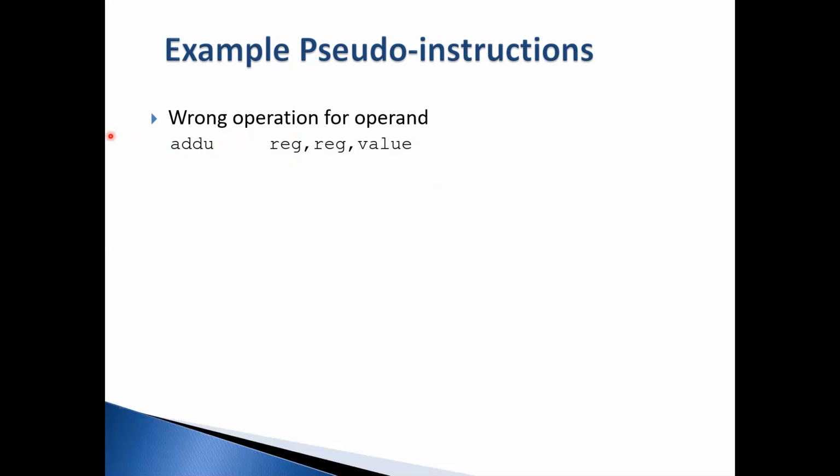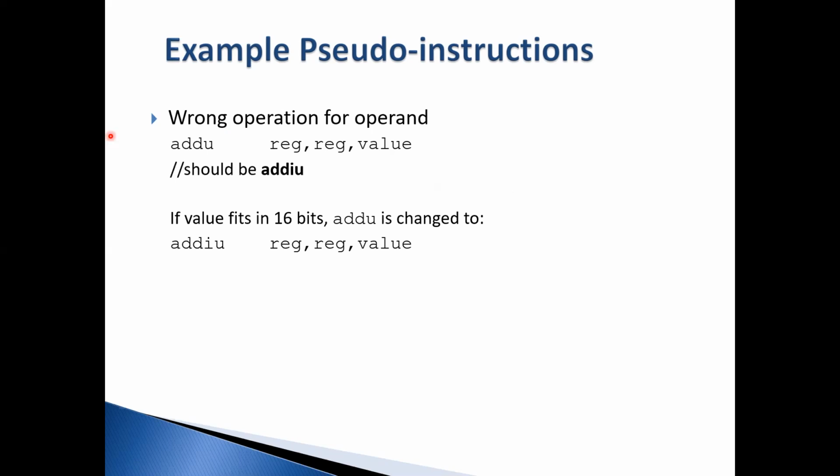But sometimes when you type this code, your MIPS program will try to interpret it and treat it as a pseudo instruction. How does it work? It should be ADDIU, right? But instead you use ADDU. At this moment, your MIPS program will try to understand it. It will translate it into ADDIU if the value is less than 16 bits, just as we mentioned.